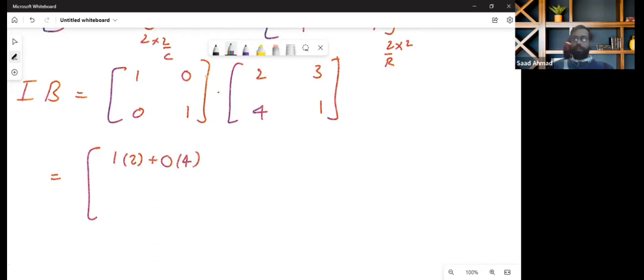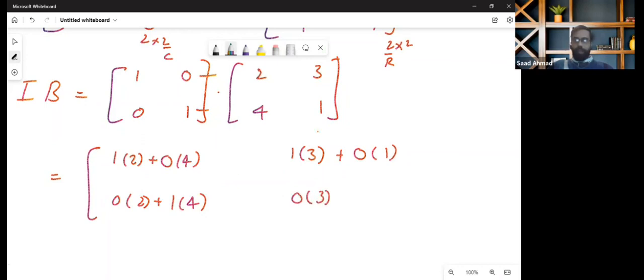Again, pick the first row and multiply it with the second column: 1 times 3 plus 0 times 1. Now the second row, multiplied with the first column: 0 times 2 plus 1 times 4. Again the second row, second column: 0 times 3 plus 1 times 1.